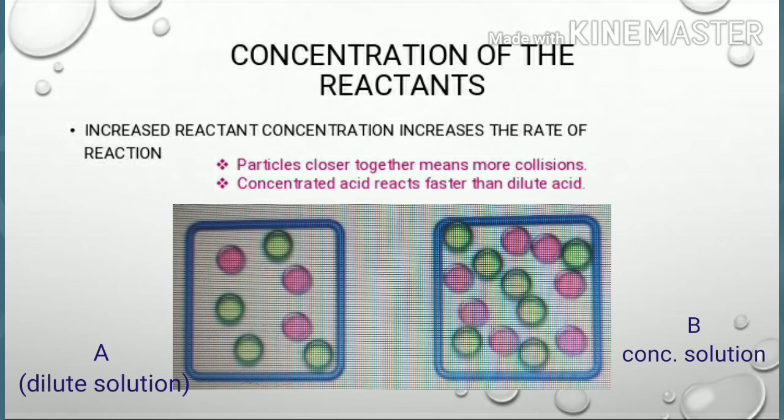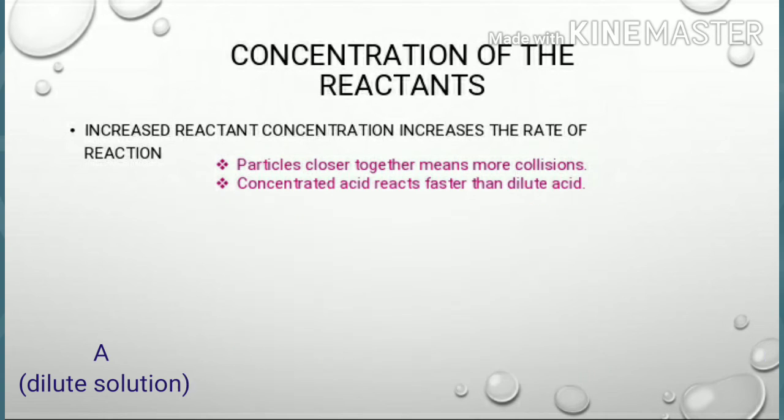You will see in this figure given, in figure A the particles are fewer, and in figure B the particles are more. The more the particles, the more collisions there will be. So the concentration increases the rate of reaction.